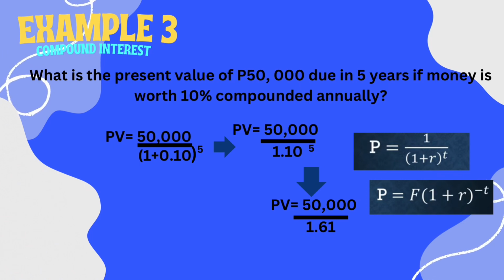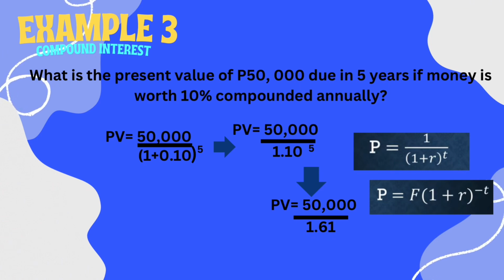Ito yung kinalabasan or outcome nung 5 years na interest natin. So, ang hinahanap natin, yung ating unang hinulog, yung principal value natin, yung initial. Ano yung initial natin para kalabasan 50,000?